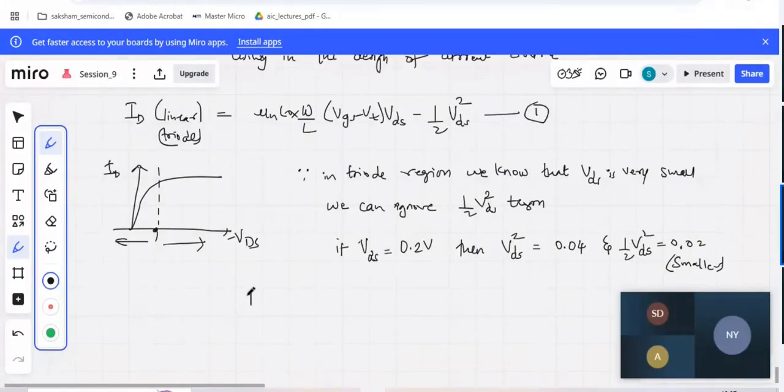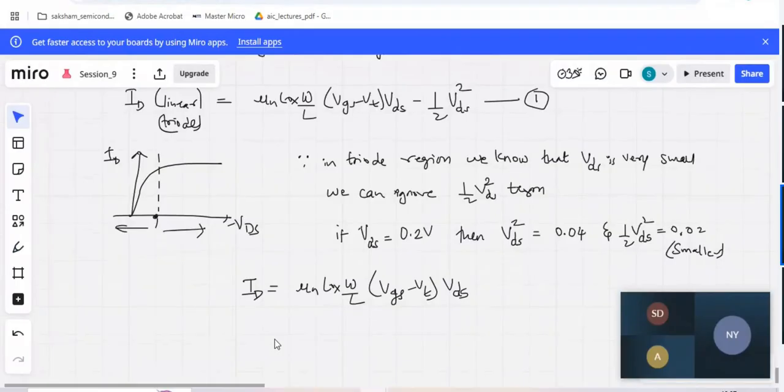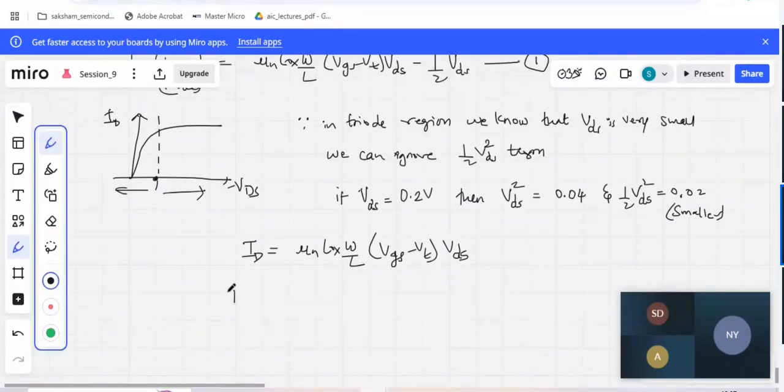So then my ID equation would result in only mu n C ox W by L (VGS minus VT) times VDS. And if I bring this VDS term over here, I can see that this is the same equation that we discussed some time back.